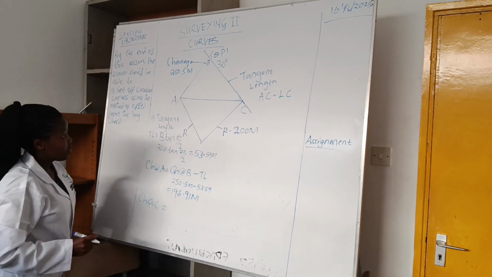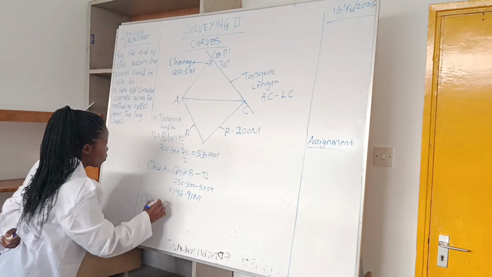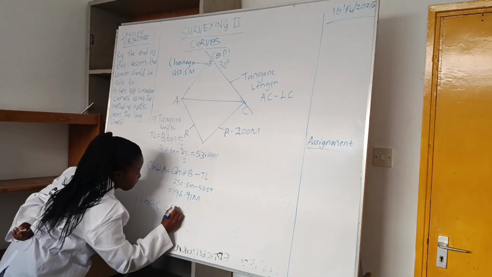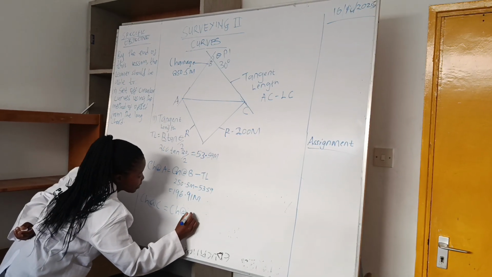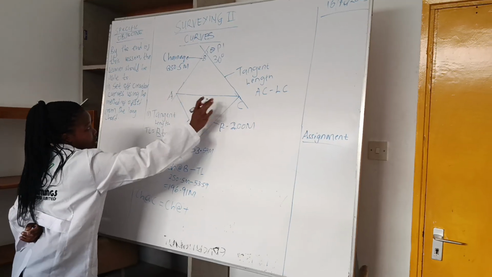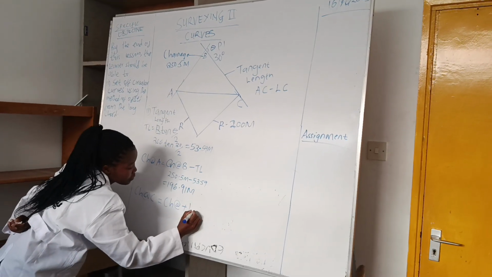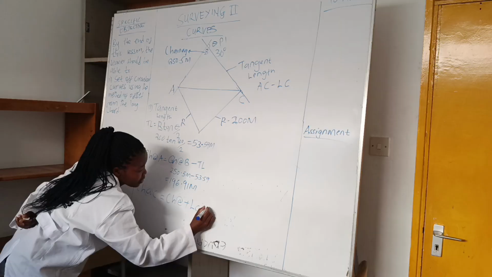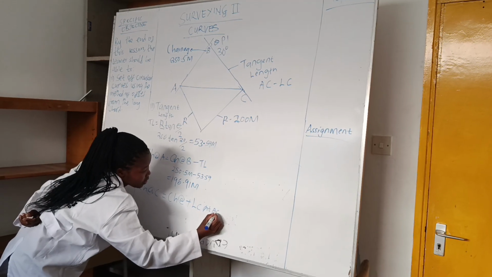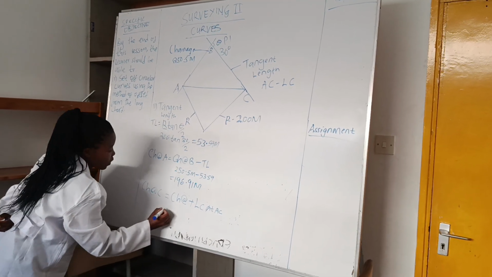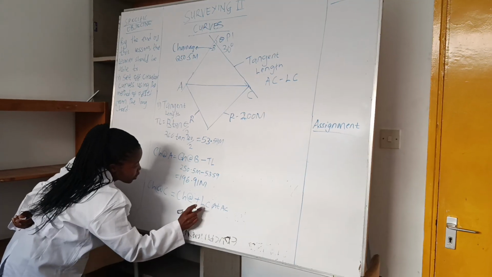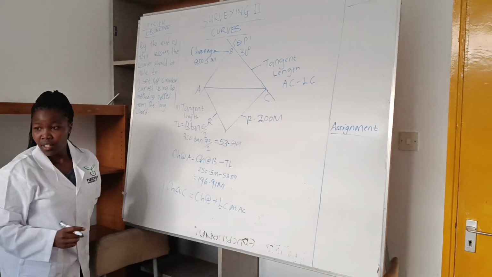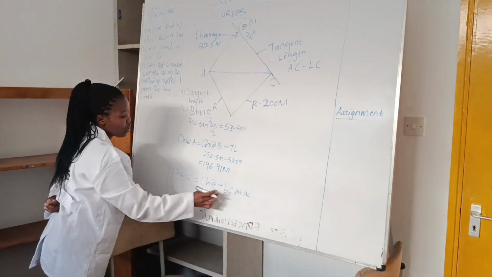Chainage at point C: when you want to find the chainage at C, you will have chainage at A plus the long chord AC. What will be your answer? First, you will have to calculate the long chord.